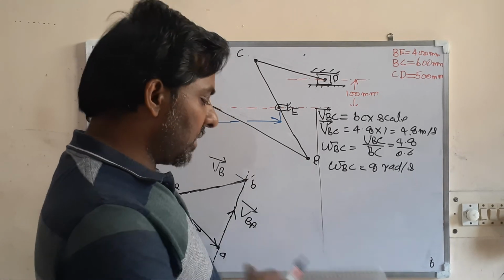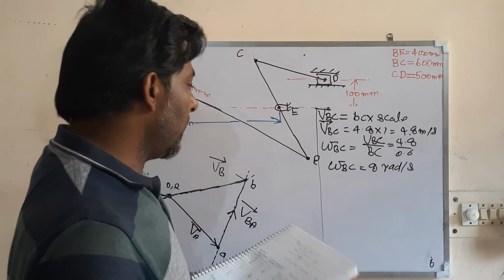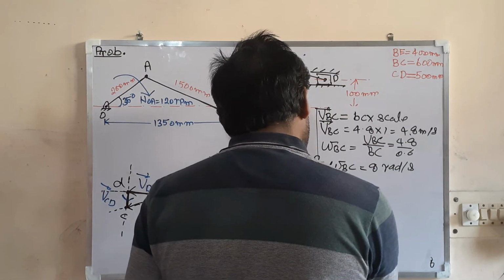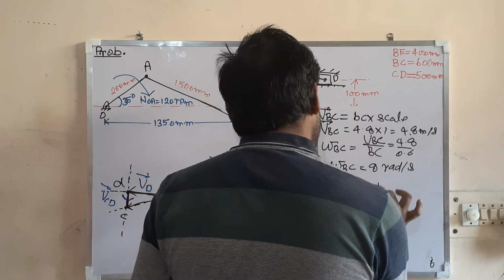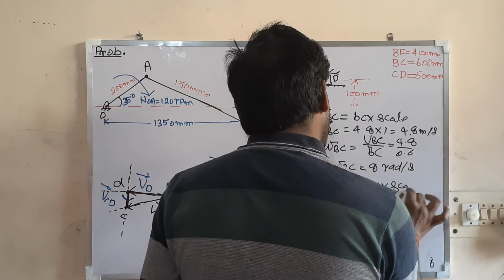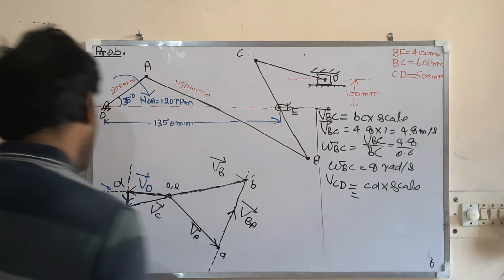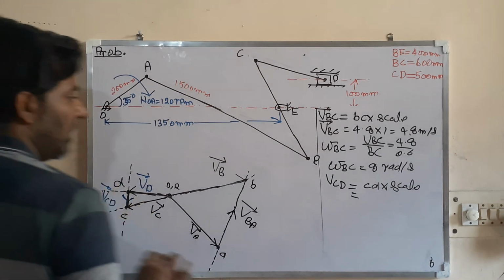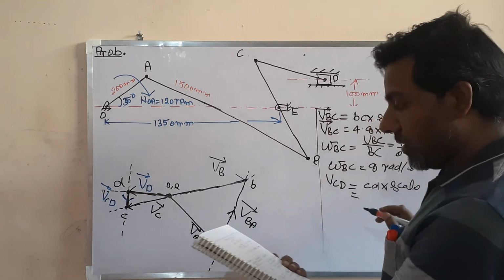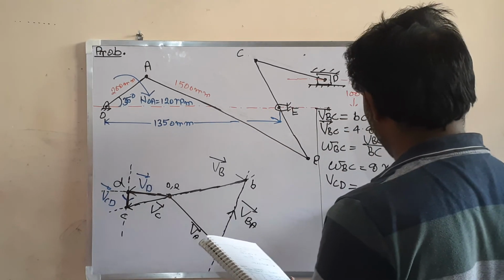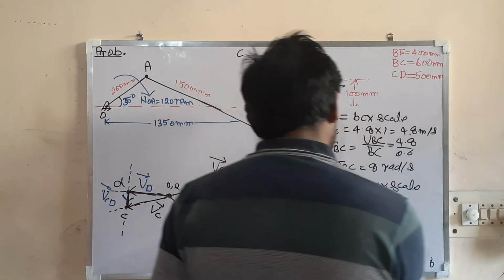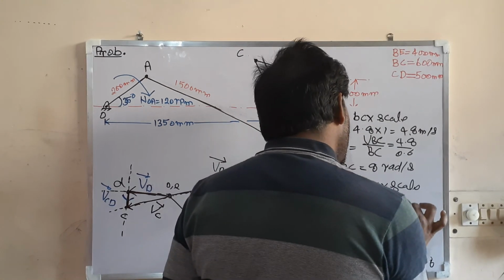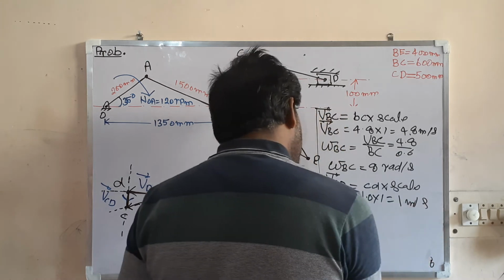Now let us see what he is asking. Angular velocity of link CD means you have to calculate VCD. So VCD is equal to CD into scale. Where is C? Where is D? So this is CD. By measurement I am getting CD as 1.0, into scale 1. So VCD is equal to 1 meter per second.